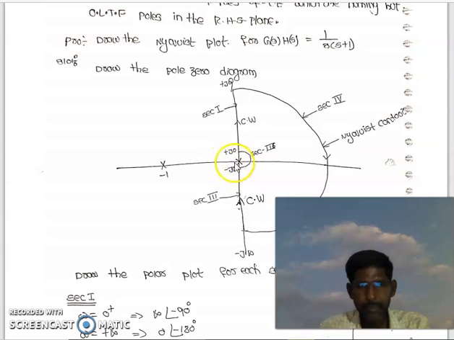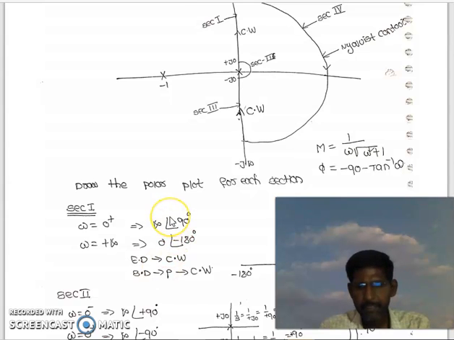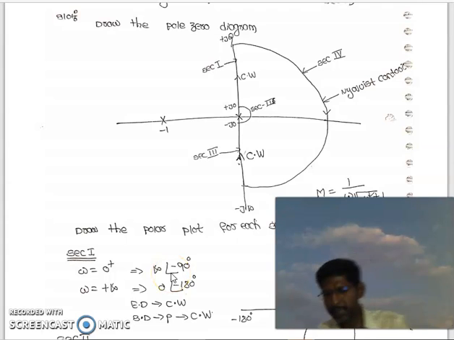See, we should not touch the poles, so the path is like this. At omega equal to 0 plus, what is the magnitude and angle? The magnitude is infinity and the angle is minus 90 degrees.